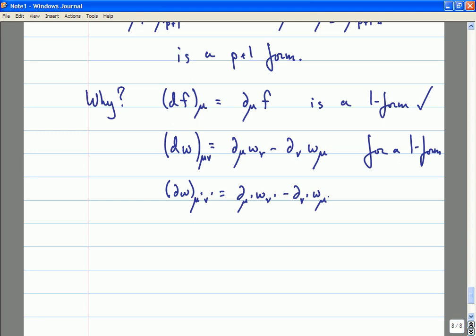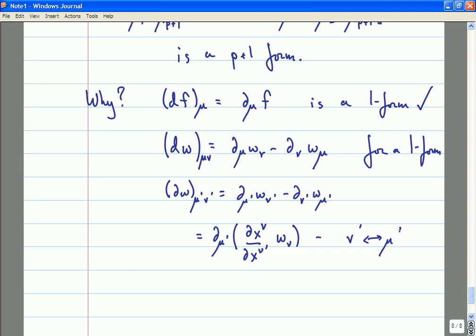So this is d mu prime of omega nu prime. So let's try and relate that to the unprimed coordinate system. So using the transformation rule for our one form omega, that is dx nu by dx nu prime, omega nu, and then we subtract off the same expression where nu prime and mu prime are interchanged.